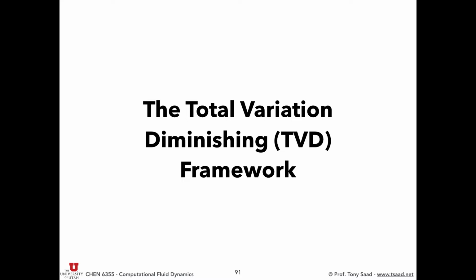Okay, so last time, before you guys presented your projects, we went through the normalized variable formulation and discussed how we can limit the slopes created by all of these second and third order reconstruction methods.